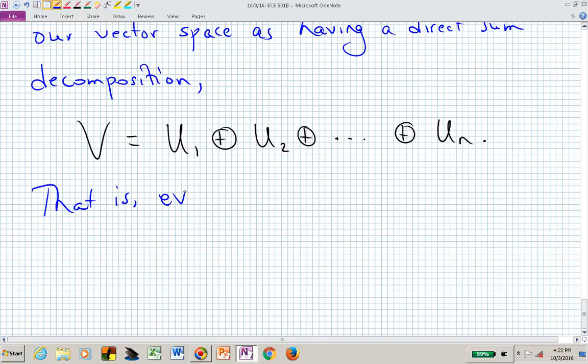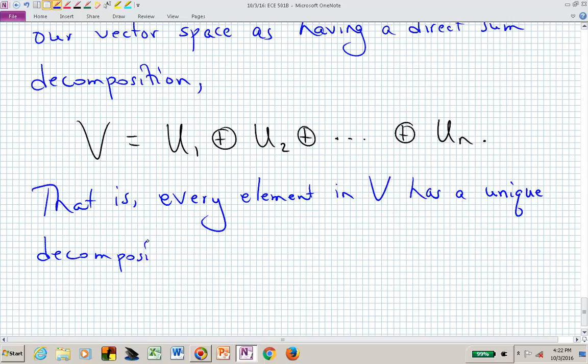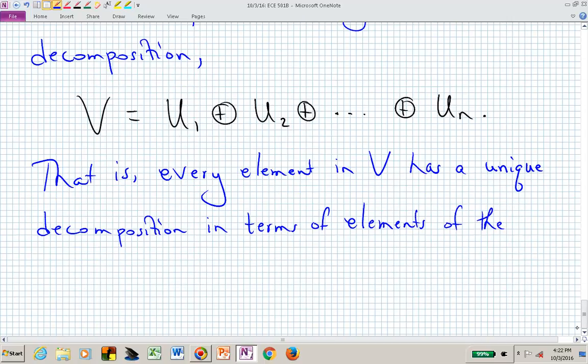That is, every element in our vector space V has a unique decomposition in terms of elements of the various subspaces.